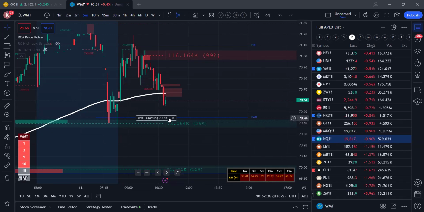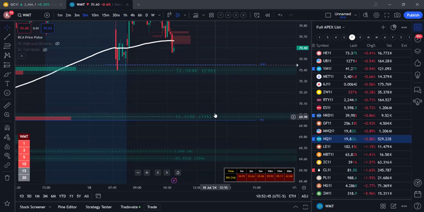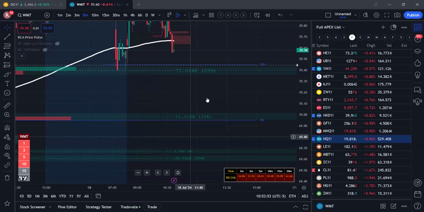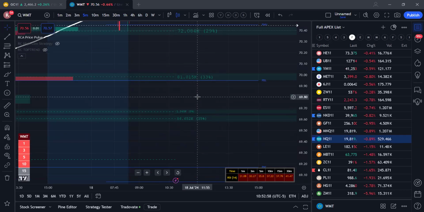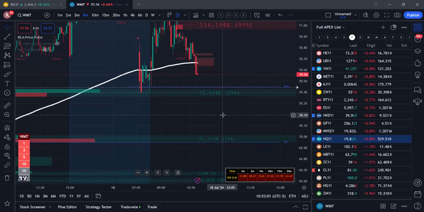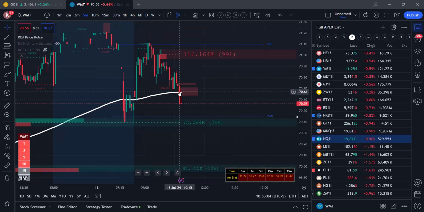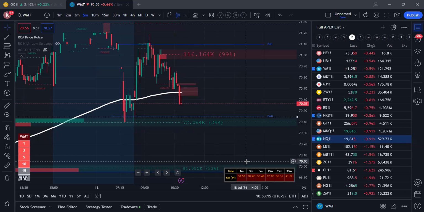So if price comes somewhere close to this one, around 70.4, Walmart can bounce back. In case if it drops, then we will add few more contracts here at around 69.98 or $70. You have 72,000 buy orders, 81,000 buy orders, 86,000 buy orders. For example, when it comes here, immediately there will be a big bounce. It may go and touch this fair value gap, and then again drop.